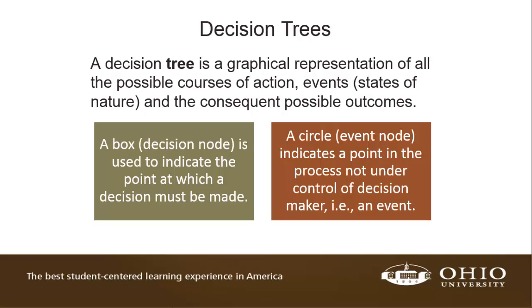In a decision tree, we use a box to indicate a point where the decision maker must reach a decision, and we use a circle to indicate that we have an event or state of nature.